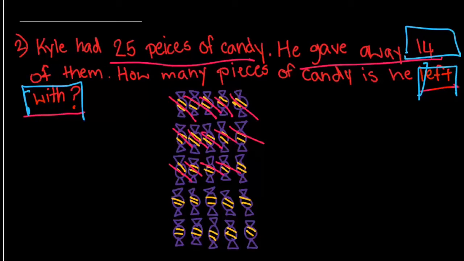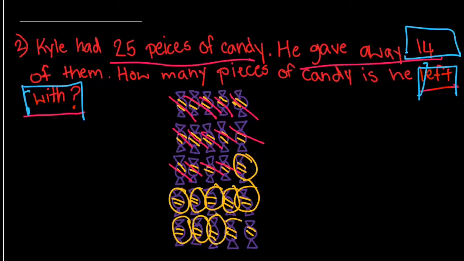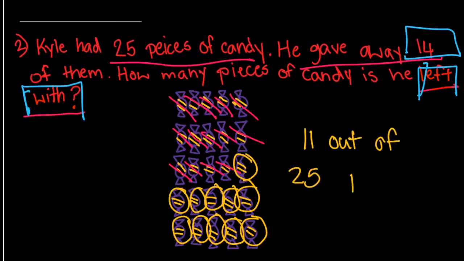We're going to circle them. 1, 2, 3, 4, 5, 6, 7, 8, 9, 10, 11. So 11 out of 25 pieces of candy.